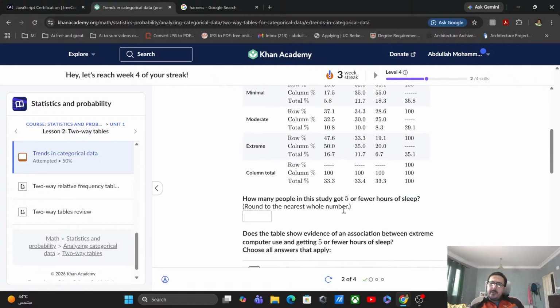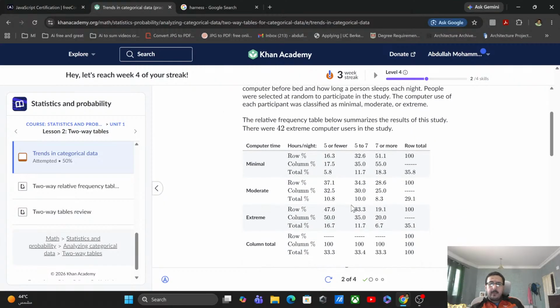How many people in this study got 5 or fewer hours of sleep? It says the relative frequency table summarizes. There were 42 extreme computer users in the study.